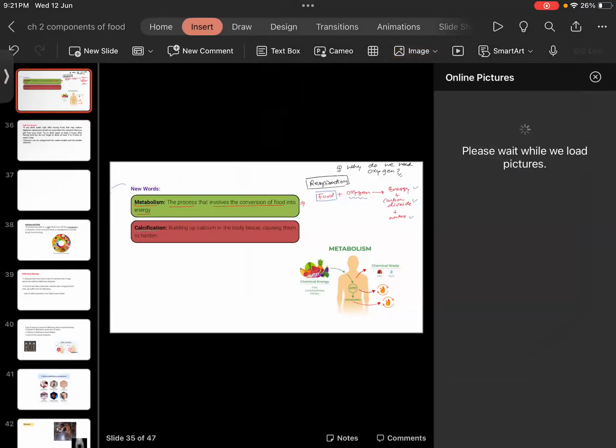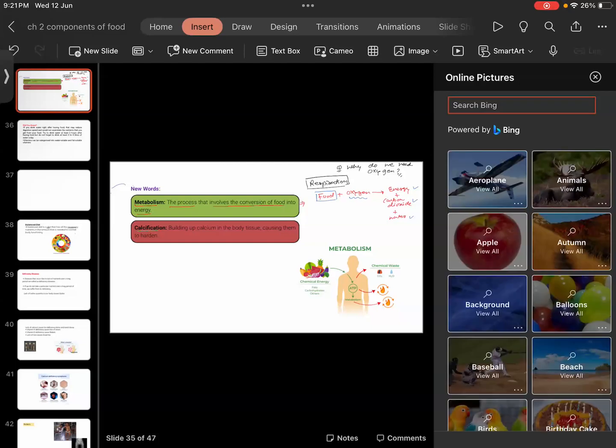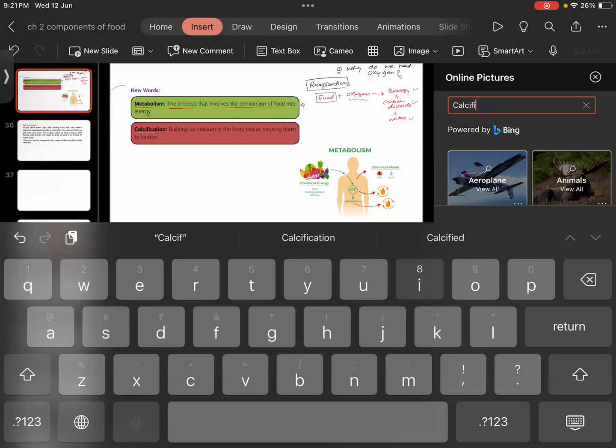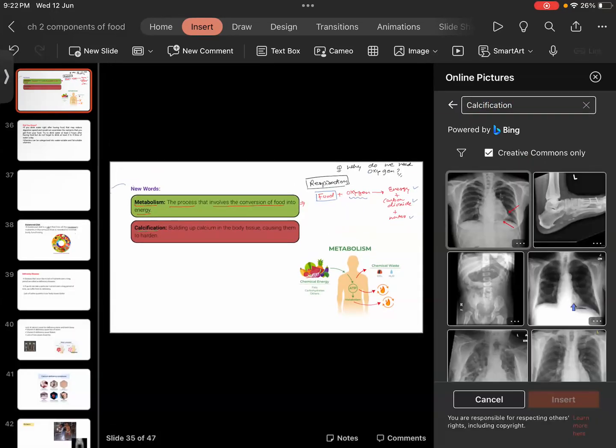The food we take in contains calcium also, but if it contains lots of calcium, that calcium will start to accumulate in your body, in your tissues, and thereby make them hard.